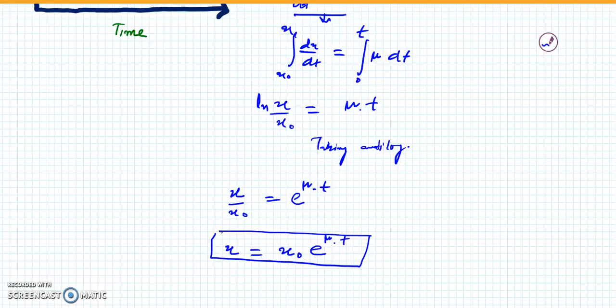So in this equation, we can say this x, the initial population, increases exponentially.